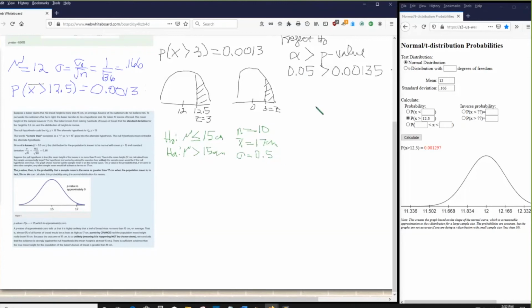So the standard deviation for our sample is the standard deviation divided by the square root of the sample size. That's 0.5 divided by the square root of 10, which equals 0.16.